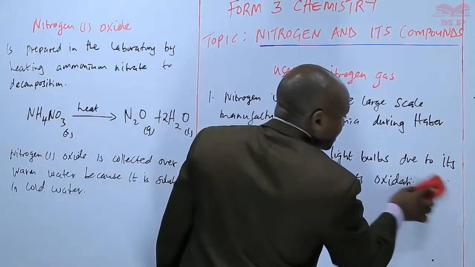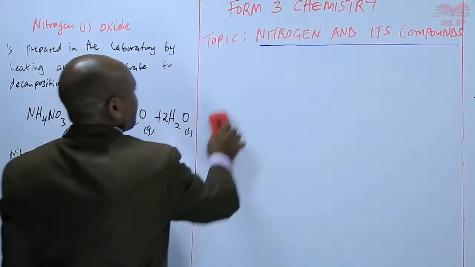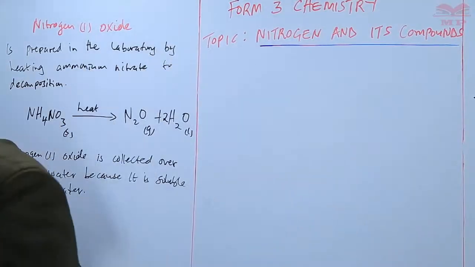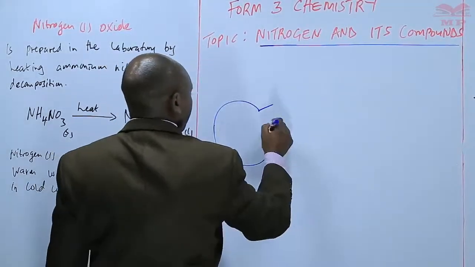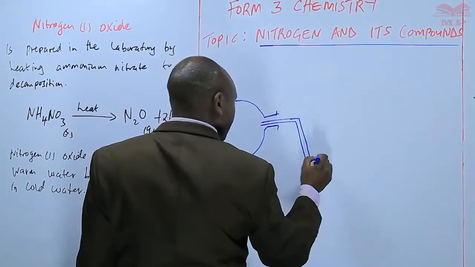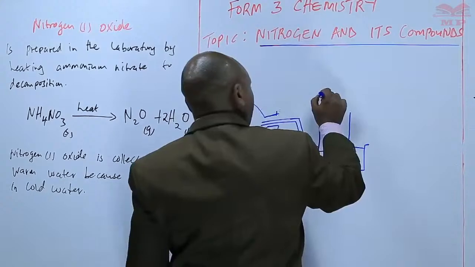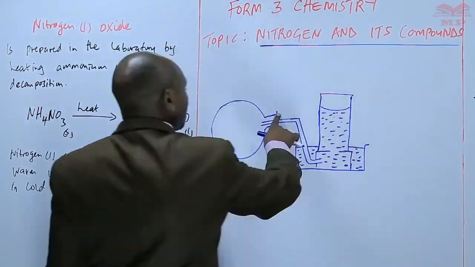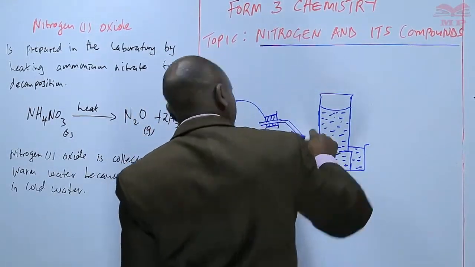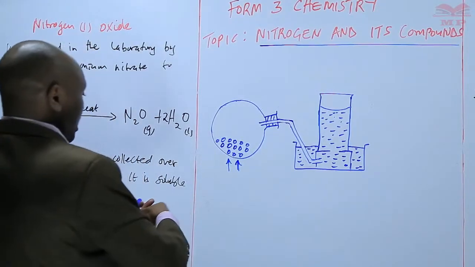So let's see the diagram that is involved in the preparation of nitrogen 1 oxide. So we have heat.